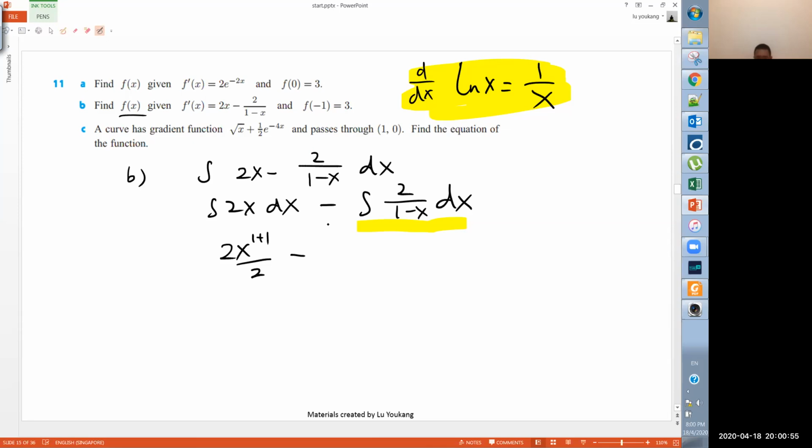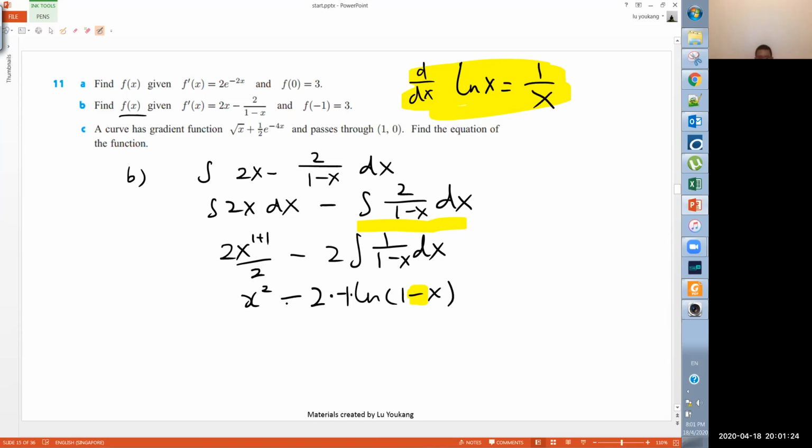So therefore, you are supposed to get, so the 2, you can take it out. Okay? So here you simplify, you get x to the power of 2 minus 2. So over here, you are supposed to get this. Okay, and you know that when you differentiate this thing, your minus 1 will be taken out, right? So you need to have minus 1 to cancel the effect of minus 1.